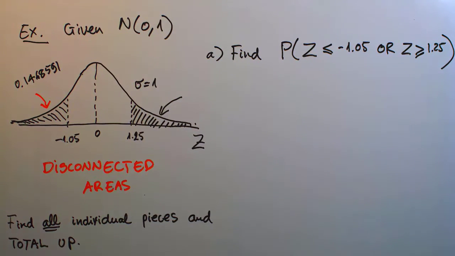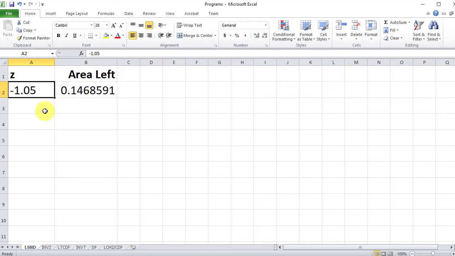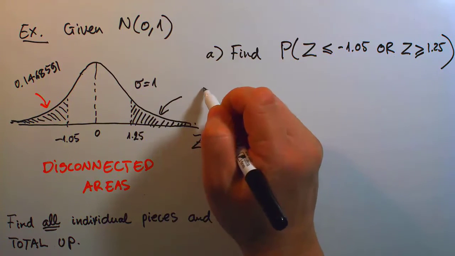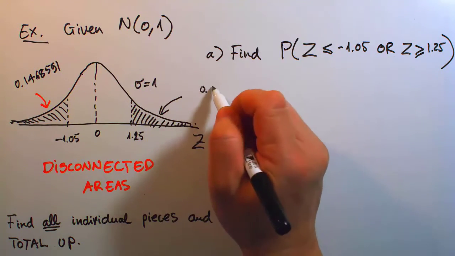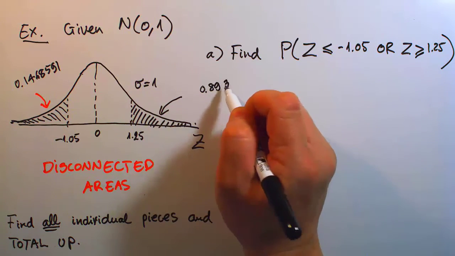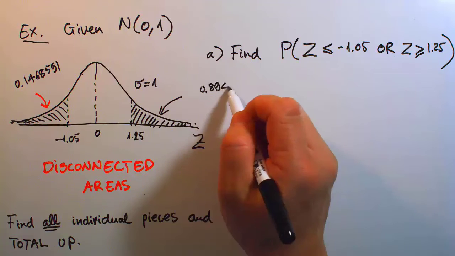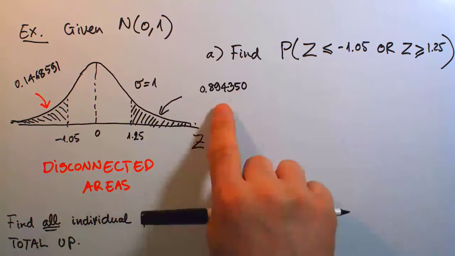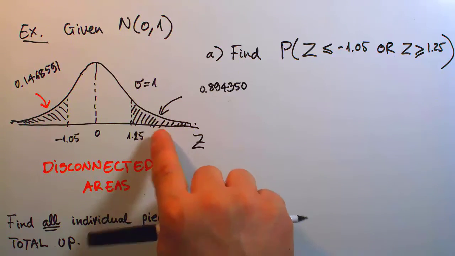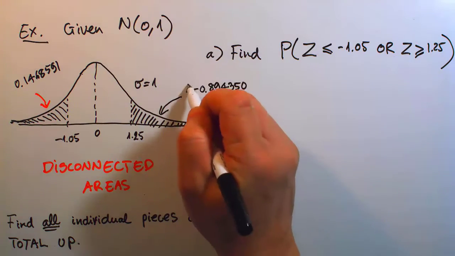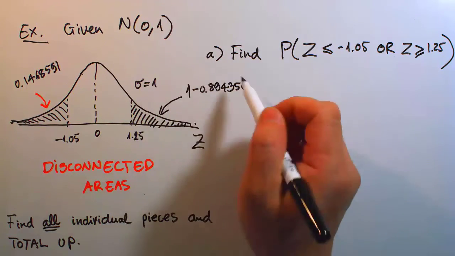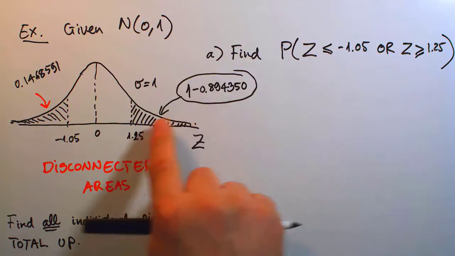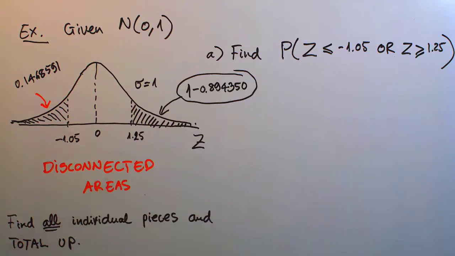So here once again, 1.25 in my LSND program gives me the area as 0.8943502. But keep in mind, this is not our answer for this little area here. We need to subtract that from 1, and that's how we can obtain all that area, the little tail to the right.